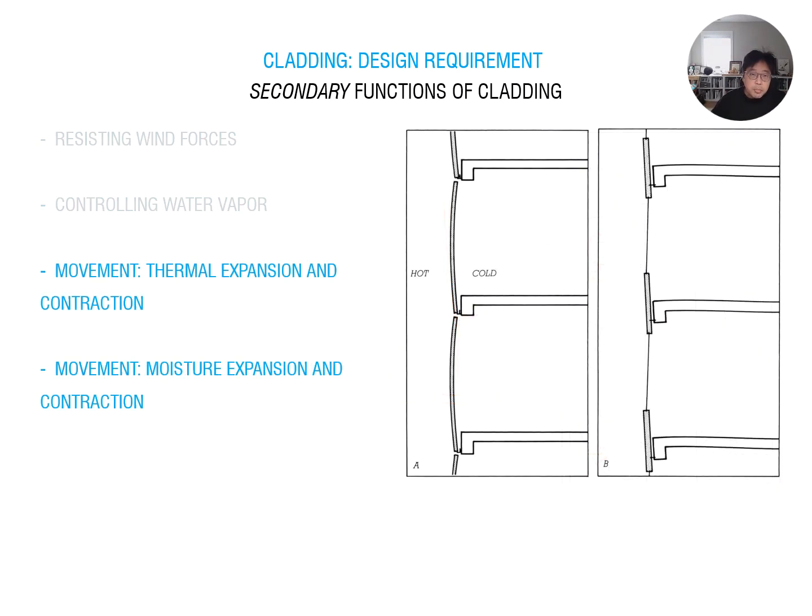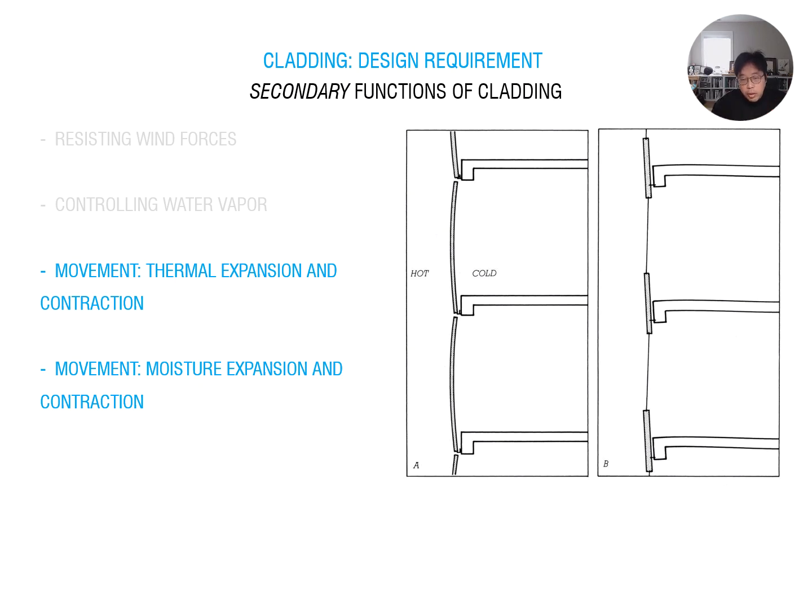And movement is important when you design a building. Movement includes thermal expansion and contraction. You remember why we provide expansion joints in the building, in the brick or stone cladding system, because the building keeps moving horizontally, and the materials keep expanding and shrinking.